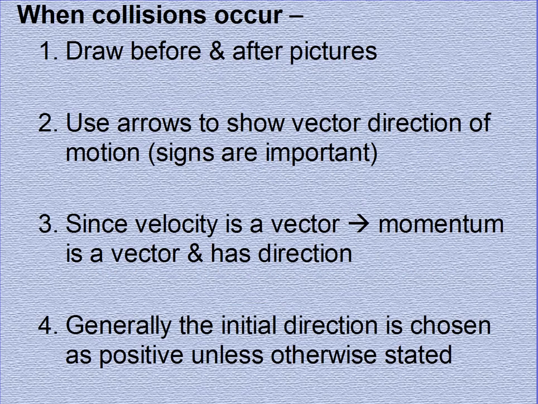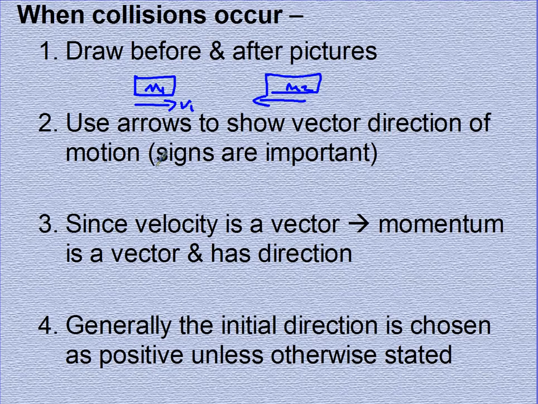Now, whenever we do one of these problems, you need to make sure you draw before and after pictures. Use your arrows to show the direction of the motion. As I showed you before, I put m1 here, and v1 means this mass is moving to the right. This m2 is moving to the left.